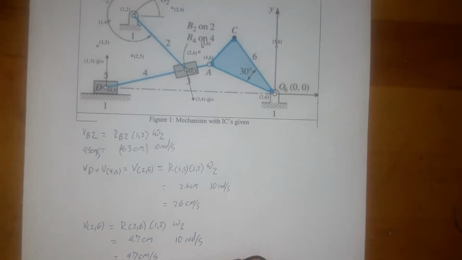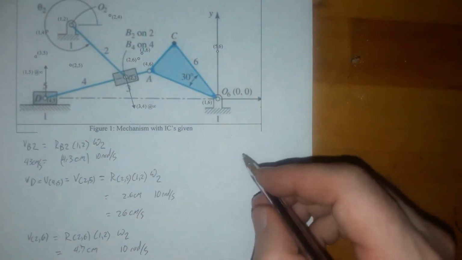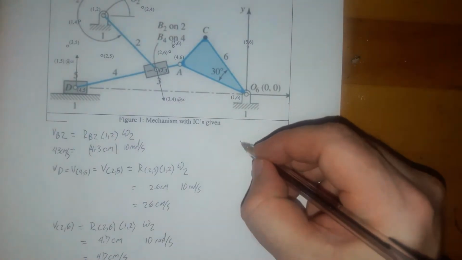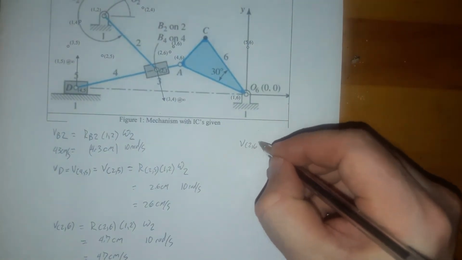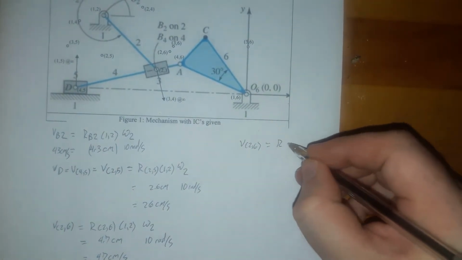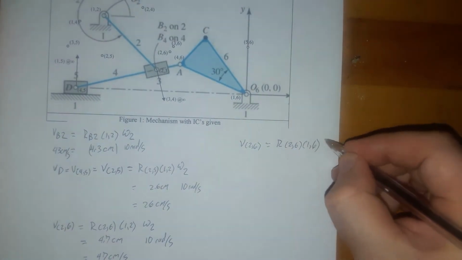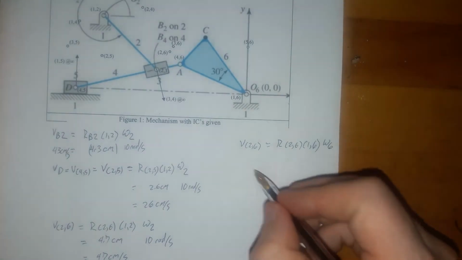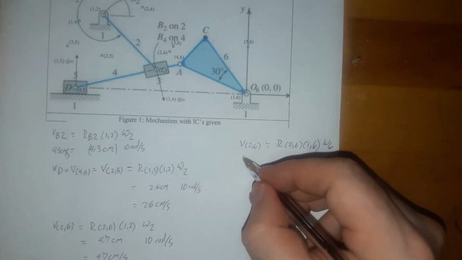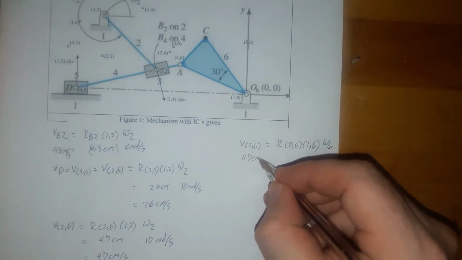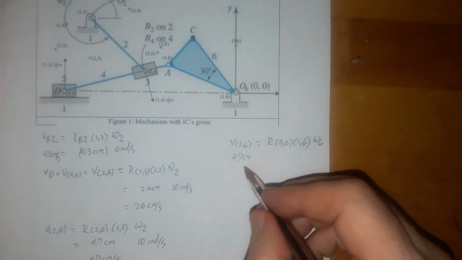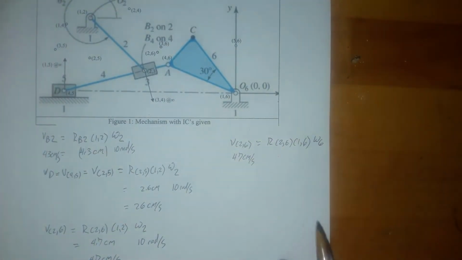But I also know that V26 is equal to R26 with respect to 1,6 times omega 6. Okay, I don't know what omega 6 is, but I know V26 because I just calculated it. And so that's 47 centimeters per second.